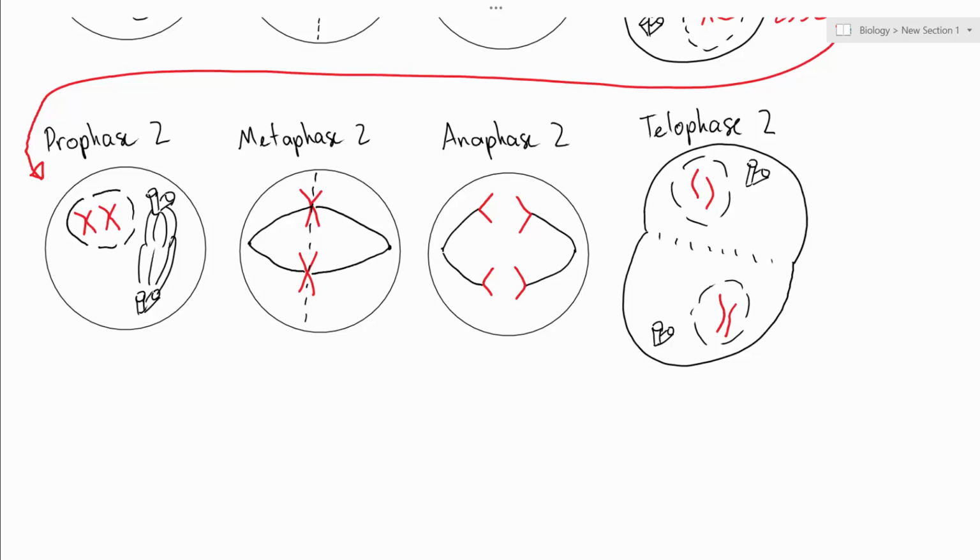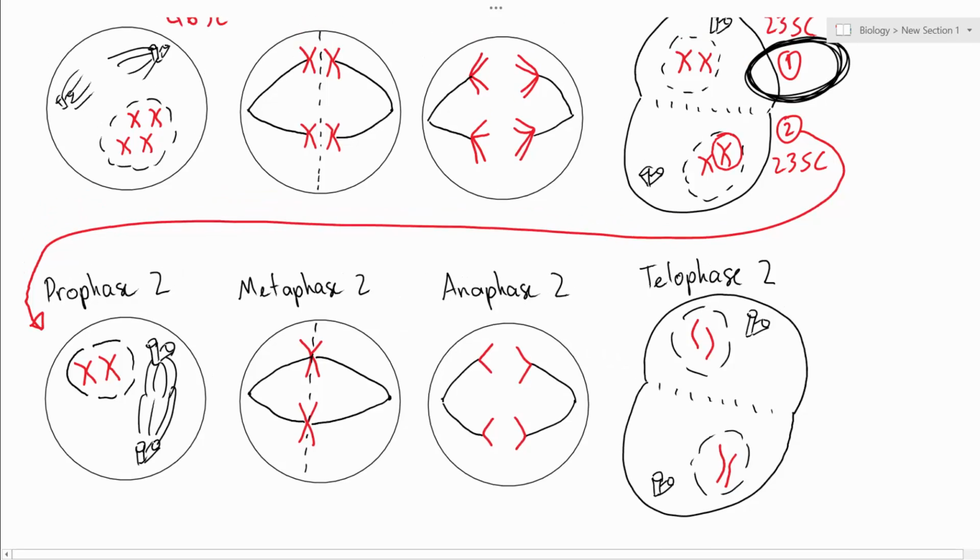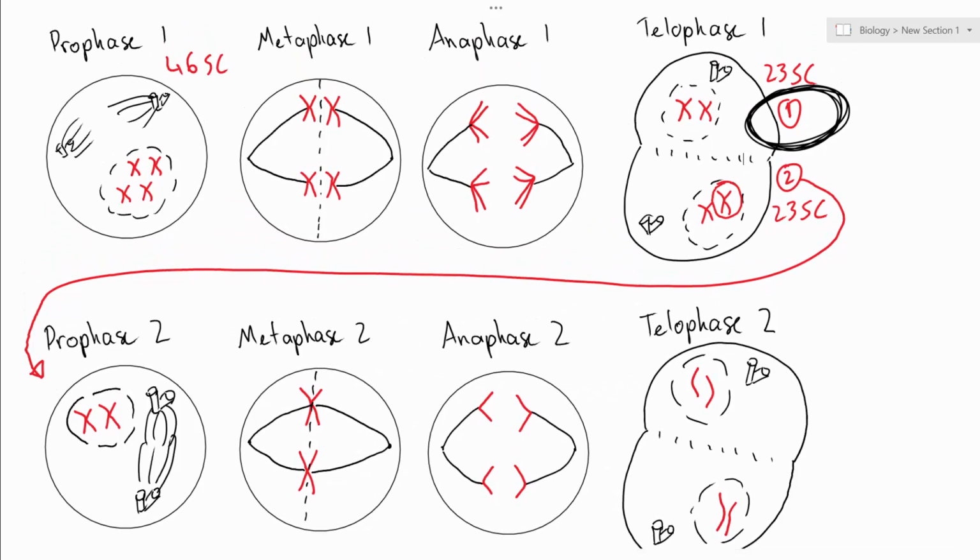The reason why we say these are haploid is because if we look at our original cell, this original cell had 46 sister chromatids, so it's like 46 chromosomes but double copies. Those 46 double copies then were able to become 23 double copies.